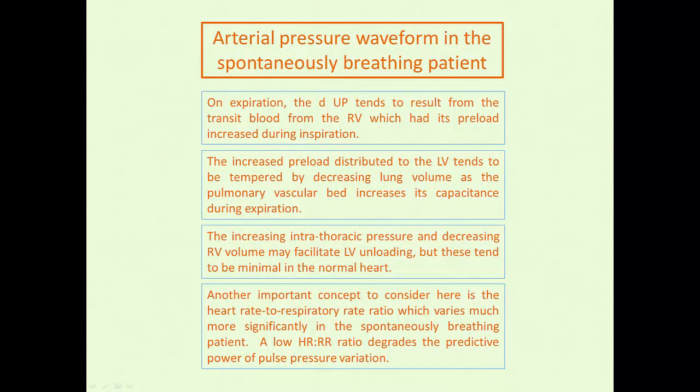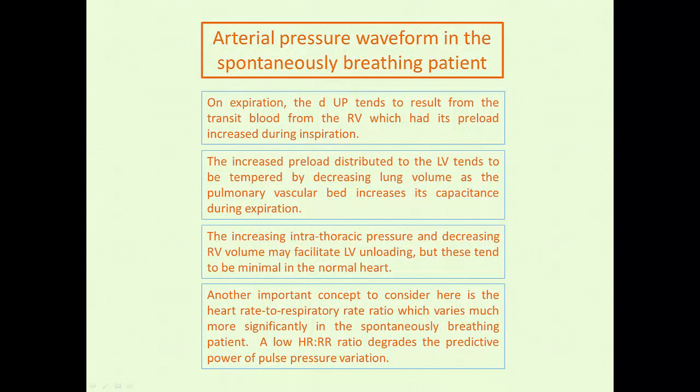So when your respiratory rate is very high relative to your heart rate, or a low heart rate to respiratory rate ratio, the predictive power of pulse pressure variation falls down, and that's even true. I didn't really talk about this in the mechanically ventilated patient, but that's true even in patients who are fully passive with the ventilator.